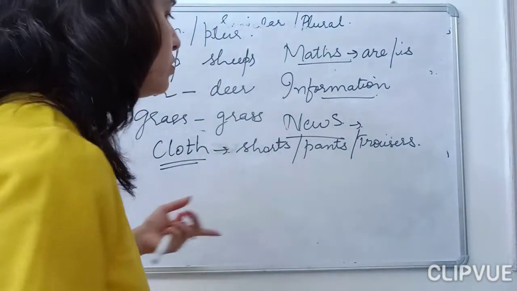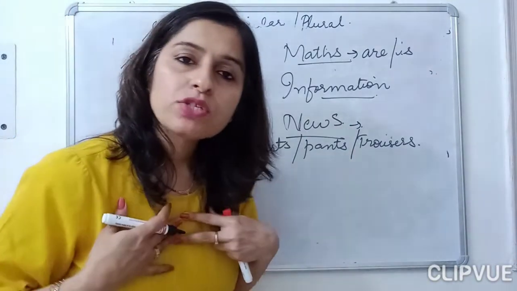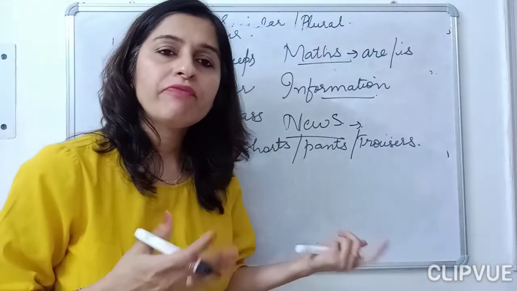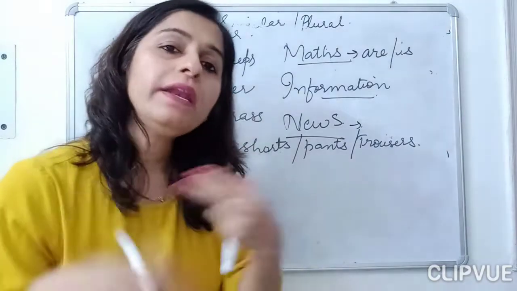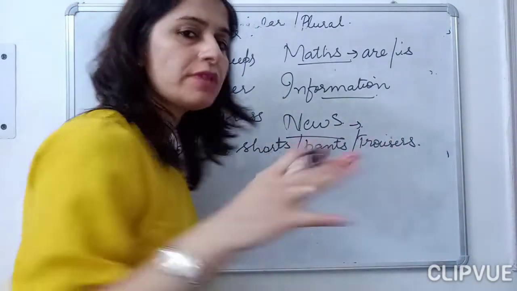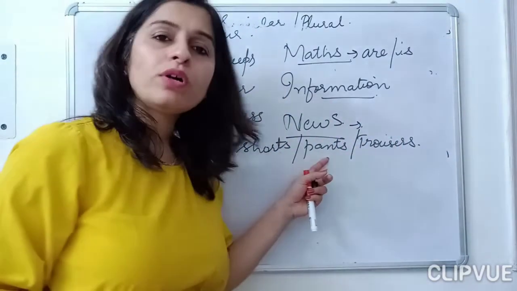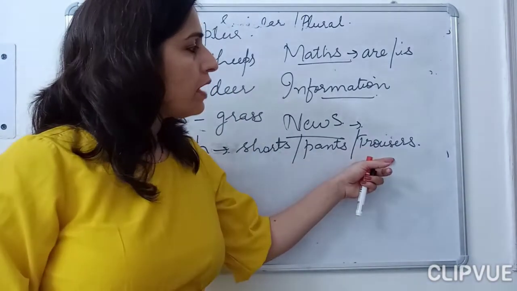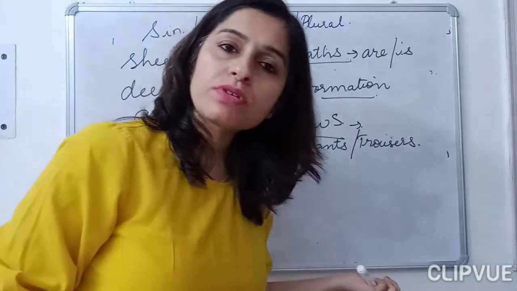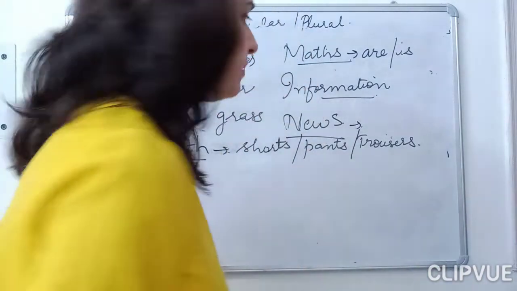How do we use it? Please give me my shorts. I have washed my shorts. It doesn't mean that it is more than one, though it can be used as more than one also. Have you washed all my pants? Have you stitched my trousers? So it is used like that.